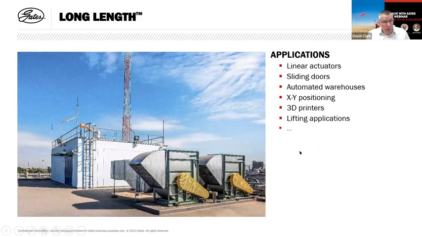Long lengths is another type of belt that Gates have. We have various types of long length belts. We have long length spiral cut. We have long length straight cut. We have long length open-ended belts, TPU. There's a wide range of belts which can cover a lot of situations: linear actuators, sliding doors, automated warehouses, XY positioning, 3D printers, lifting applications.